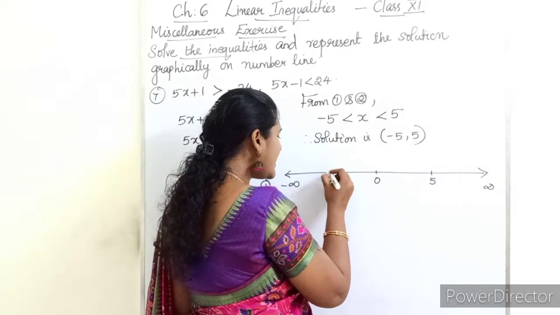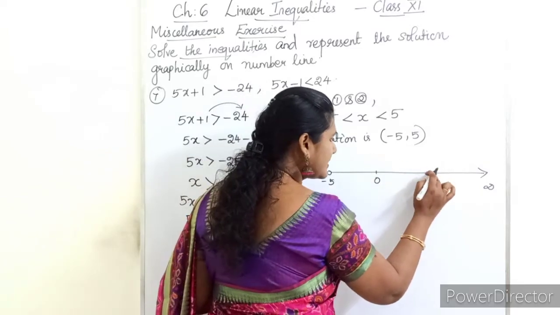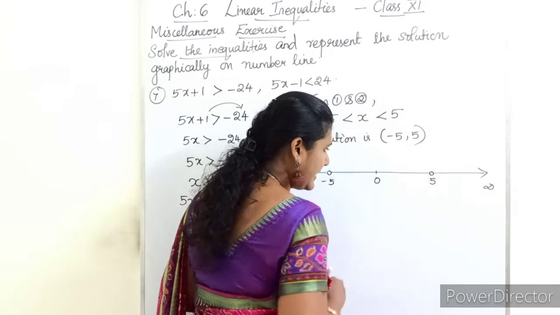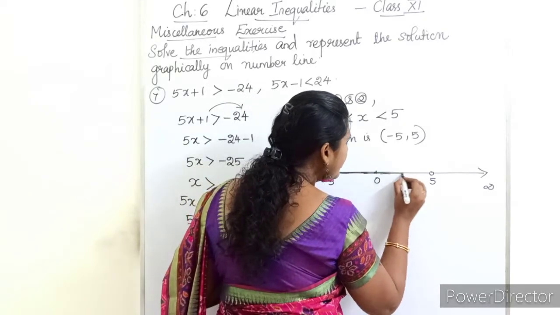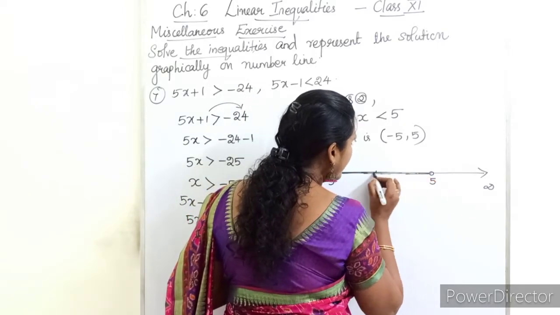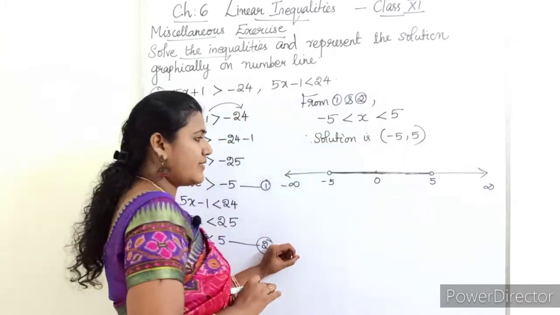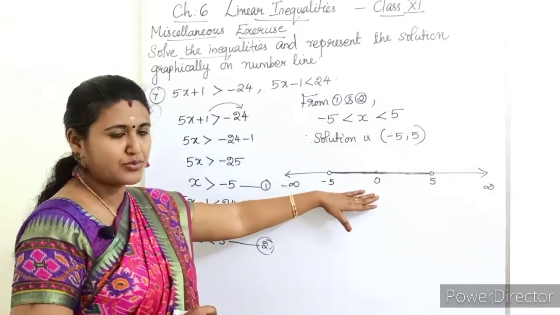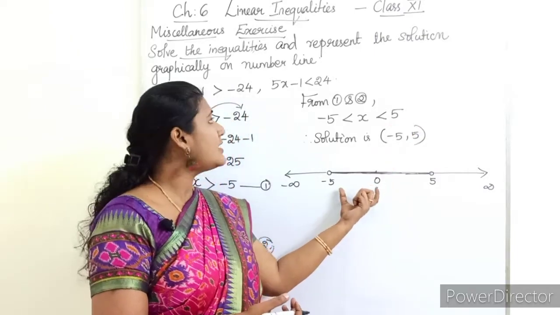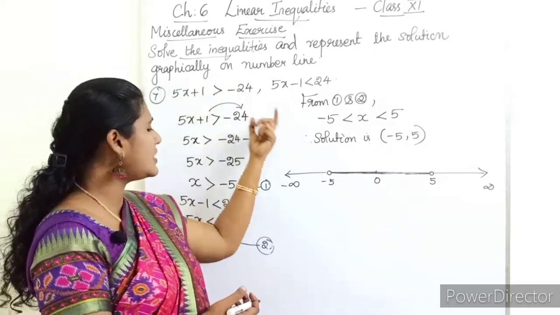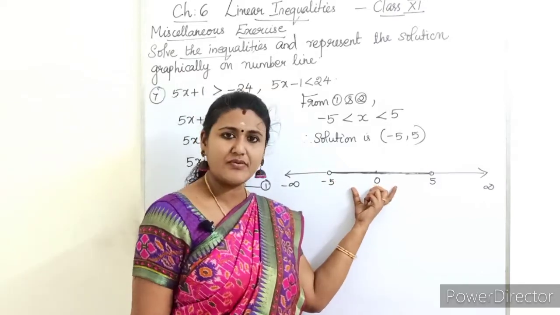So we will denote these points by a hollow circle, and all the numbers in between minus 5 and plus 5 will be in this interval. This is how you represent the open interval minus 5 to 5 on a number line. So the graphical representation of the solution on the number line is done.